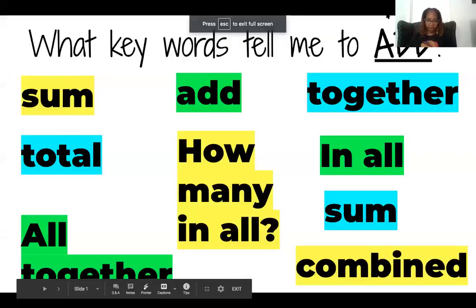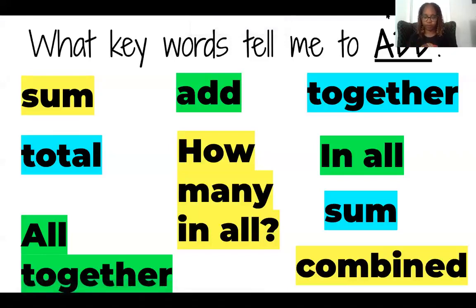Okay, so now let's go back and look at these keywords again. And remember, if keywords are something that your students are having a little trouble with, have them make a keywords booklet, and it can be specifically for adding. Like I said, grab a sheet of paper, have them fold it into fourths or eighths, and have them write addition keywords on the front.